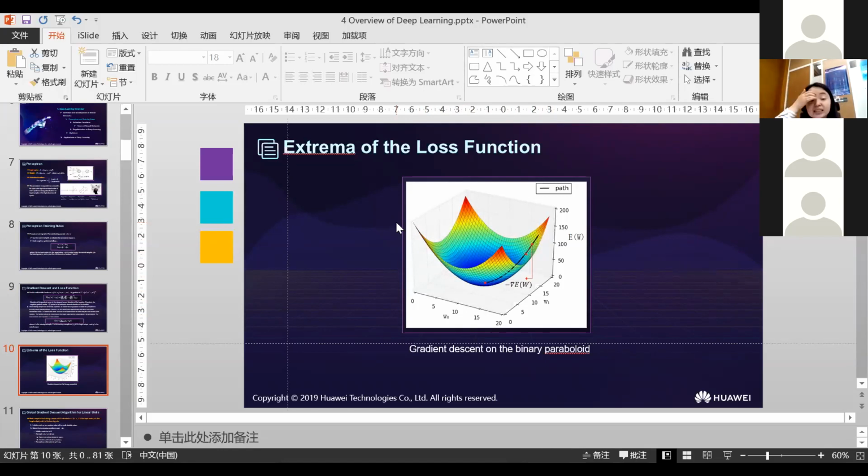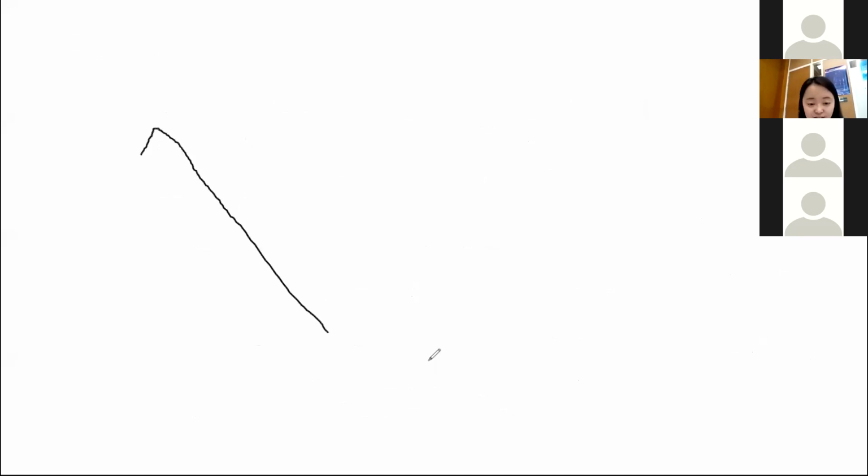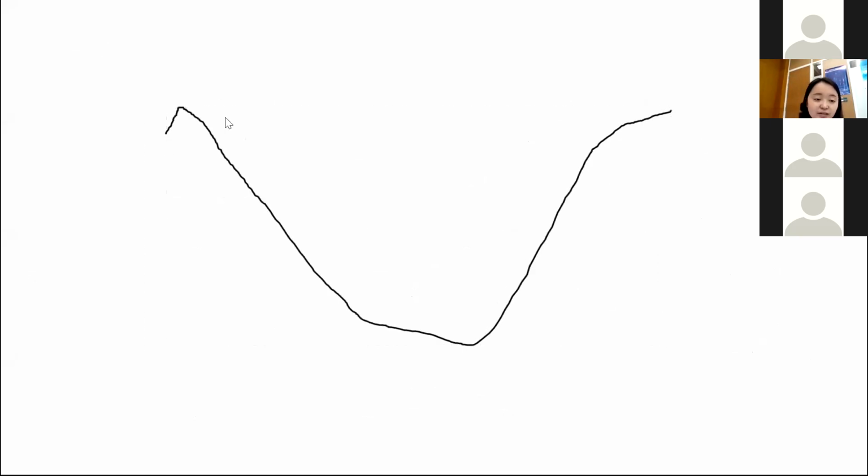We can view it as a mountain. That is our loss value. Here is a mountain, and the height means the loss value.